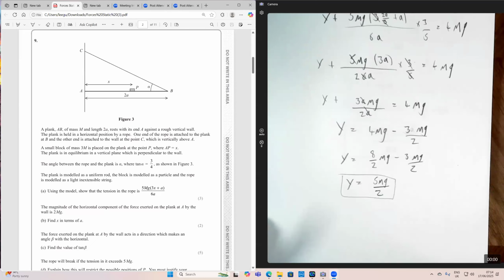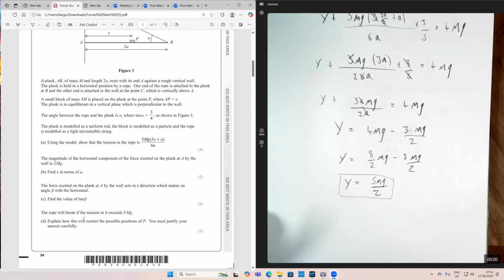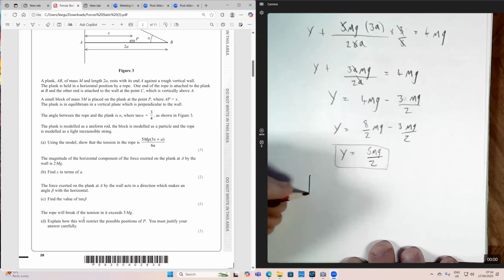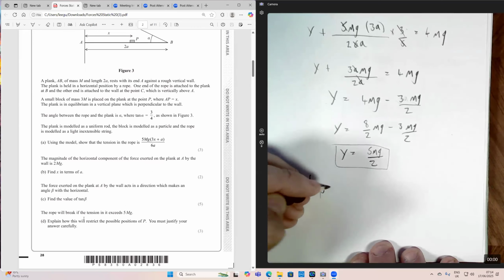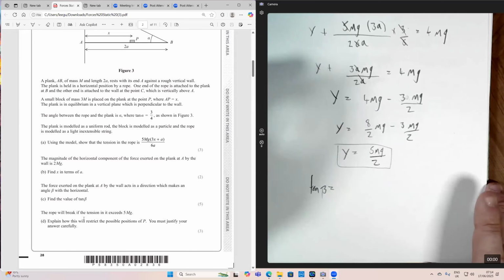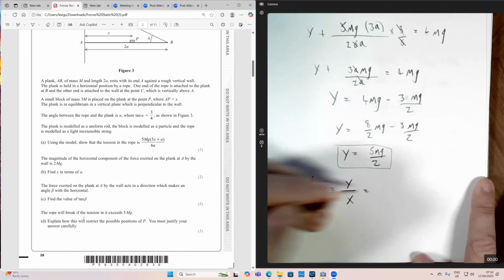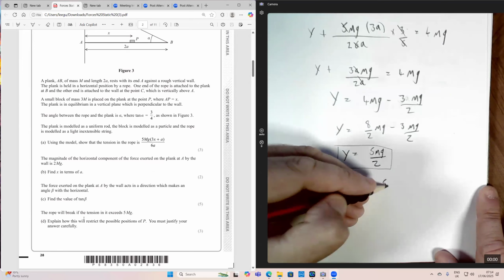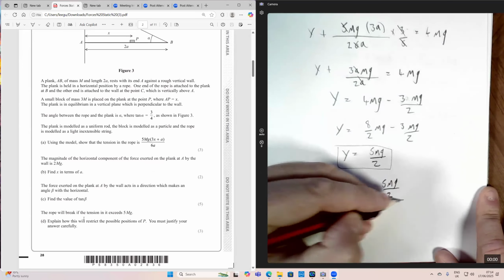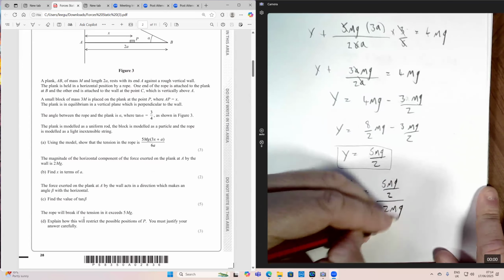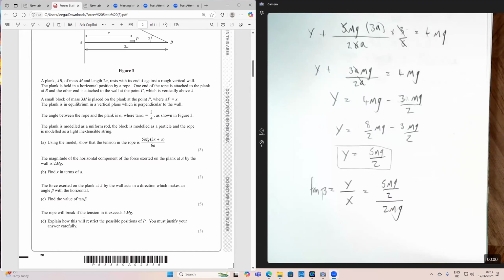So now what we've got to do is find out what tan alpha is, okay, tan beta rather. So tan beta is going to equal the opposite over the adjacent, so the y component over the x component. So it's going to be 5mg over 2 over 2mg, which they told us in the question.